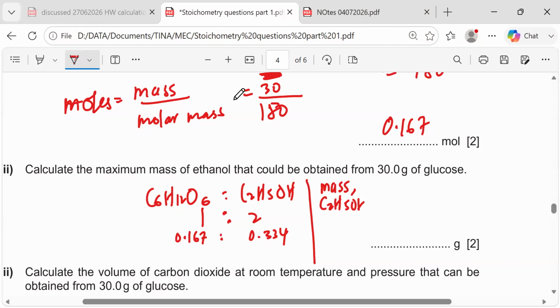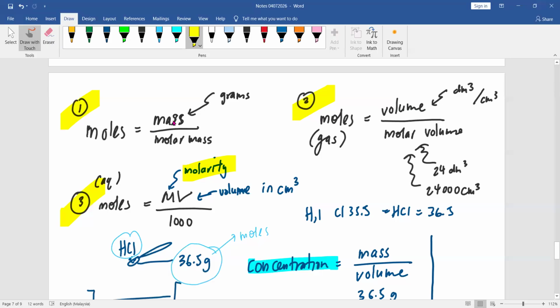Okay, so if moles is mass over molar mass, then mass would be moles multiply molar mass. Do you have the moles of ethanol? Yeah, 0.334. Do you have the molar mass of ethanol? No, but can you find it? Yes.